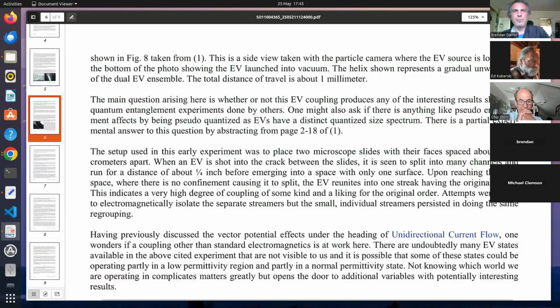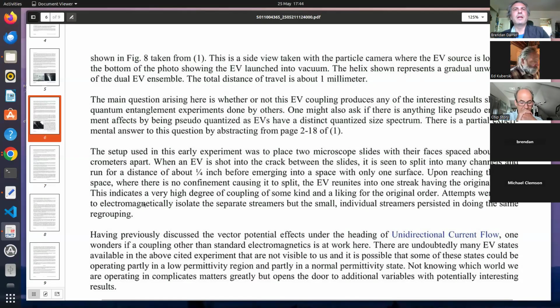Upon reaching the open space where there is no confinement causing it to split, the EV reunites into one streak, having the original shape. This indicates a very high degree of coupling of some kind and a liking for the original order.